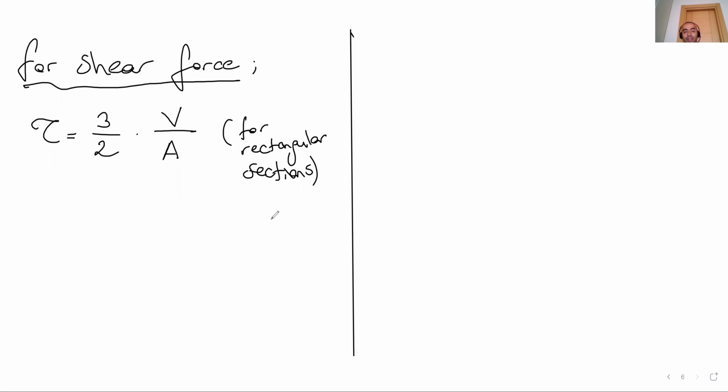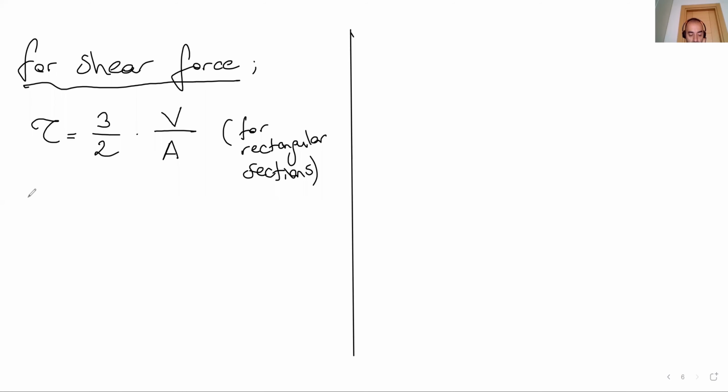Here, be careful. This equation is only for rectangular sections. If we have any other shapes like box section or I section, you can't use this equation. Okay, this is only for rectangular sections. So shear force over area times 1.5.